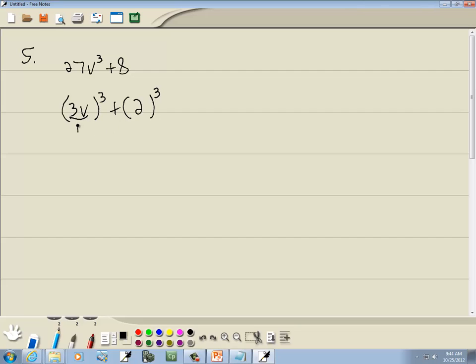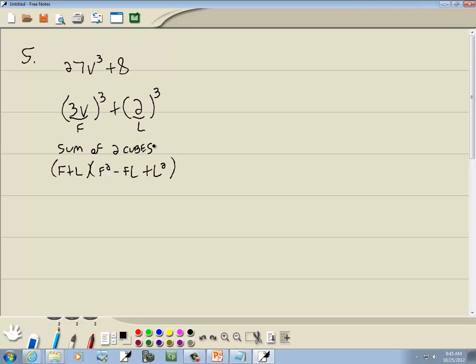Now I'm going to label this as F for what's in my first set of parentheses. I'll label this as L for what's in my last set of parentheses. And the formula for the sum of 2 cubes says we got F plus L times F squared minus FL plus L squared.